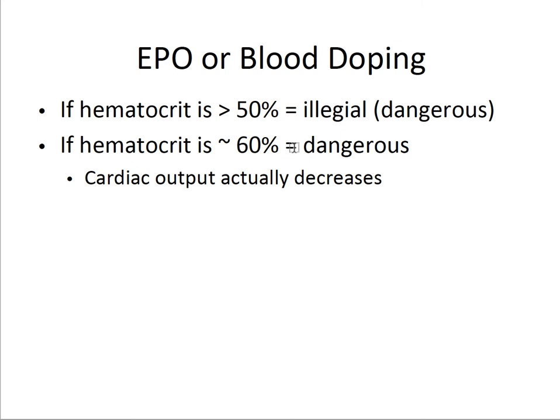If your hematocrit is tested and it's above 50%, that's considered illegal, and so you would get kicked out of the Olympics. When the hematocrit is closer to 60%, now it really is becoming dangerous, where the blood is so thick that oxygen transport is going to slow down and cardiac output is going to slow down, and that can be dangerous. So a couple nice application questions at the end of these notes.